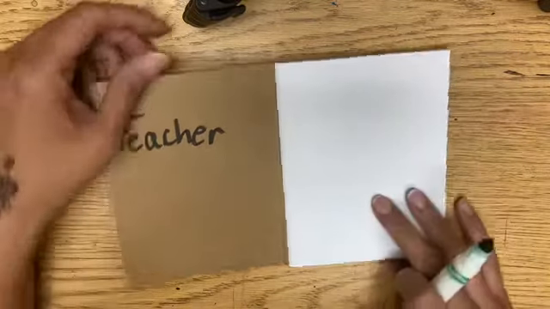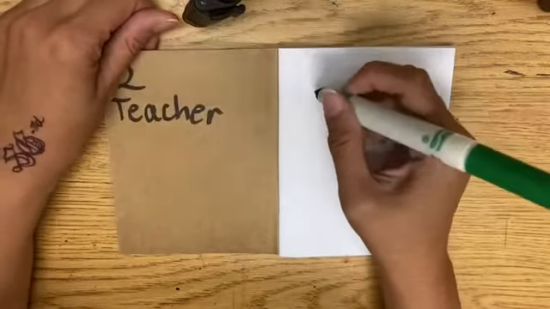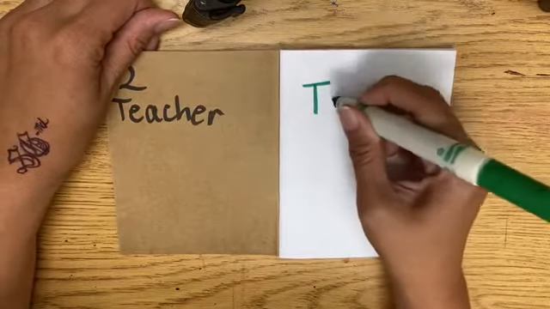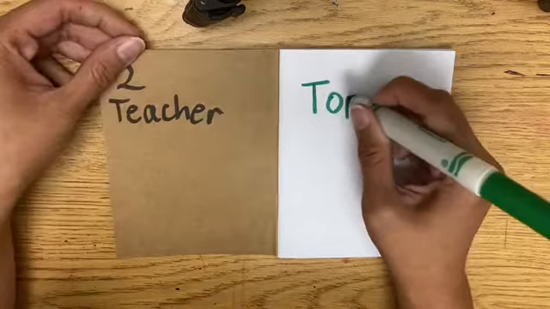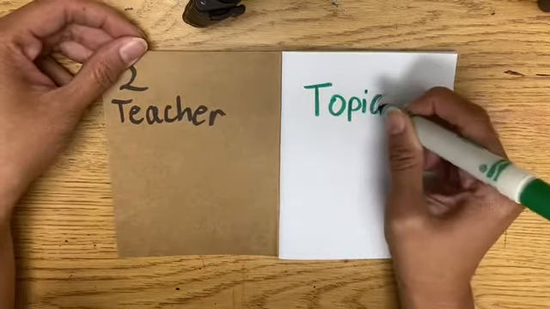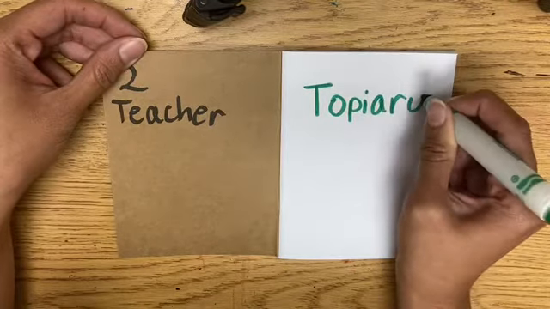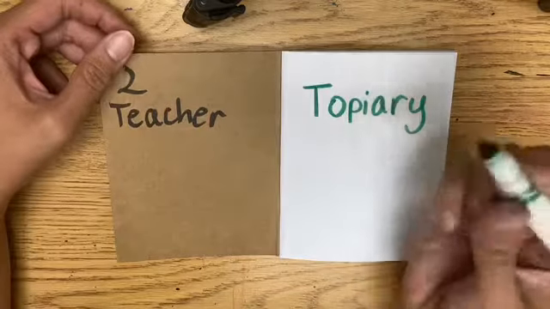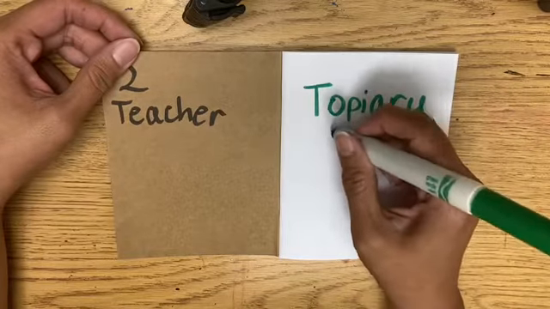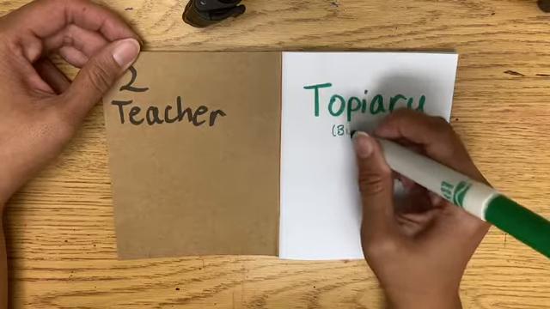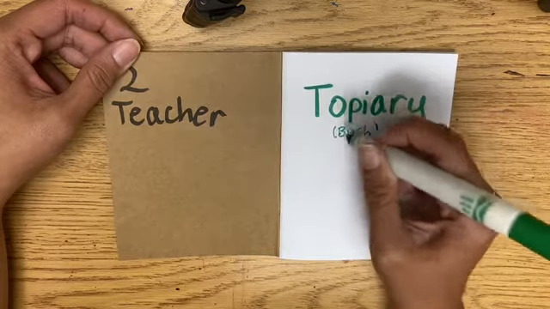So the first thing we're going to write is the word topiary. And once again, topiary is the art of forming bushes. So underneath it, you can say bush.